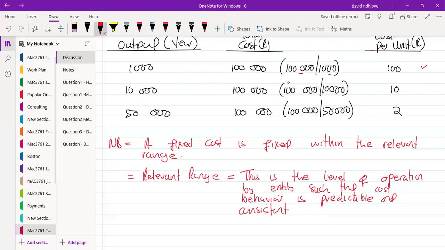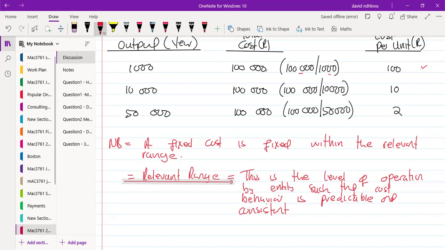When we talk about the relevant range, let's say an entity has a production capacity of 100,000 units. So they have operated within the 100,000 units, from 0 up to 100,000, for a period of time. Over time, they began to notice the behaviors of cost within that range.